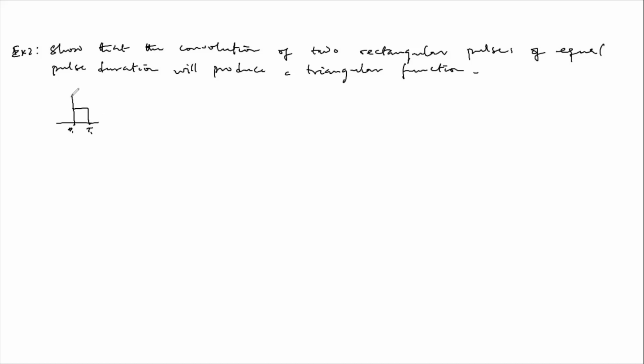Let's assume the amplitude here is a1. So this is convolved with a second function having the same duration but not necessarily the same amplitude, t sub 2 with amplitude a2. So here we want to prove that this is going to give us a triangular function.